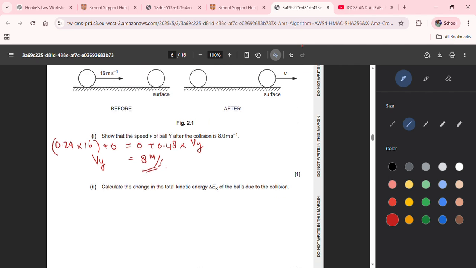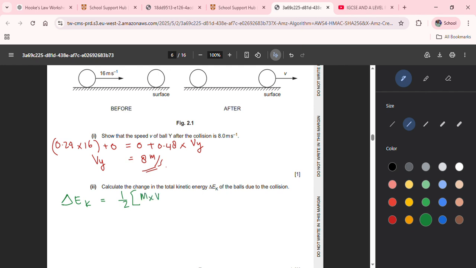Next question, calculate the change of the kinetic energy of the collision. The delta kinetic energy is equal to half times the change before and after.